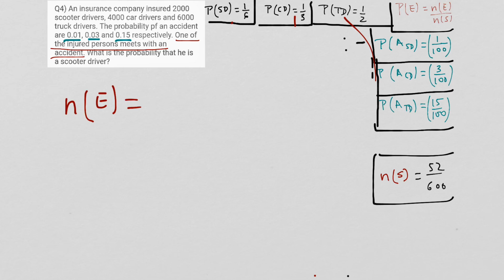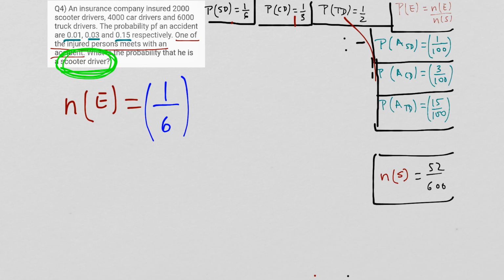On reading the question carefully, we find out that you are being asked the probability that the person who has met with an accident is a scooter driver, which means that you'll have to find the probability of a scooter driver and then him meeting with an accident. So the probability of finding a scooter driver is 1 by 6.